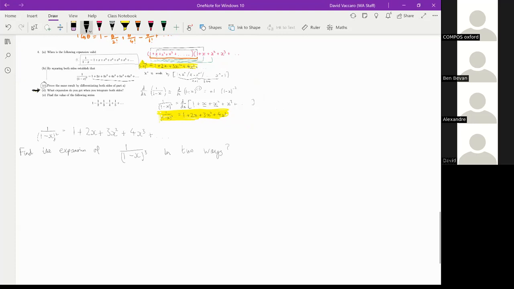And just to check if people are alive, put in the chat 2 ways that you think you could find the expansion of 1 over 1 minus x all cubed. So someone's put binomial expansion, so the infinite binomial expansion. I'm going to ban that a little bit. Regard what we're going to do as a proof of the binomial expansion.